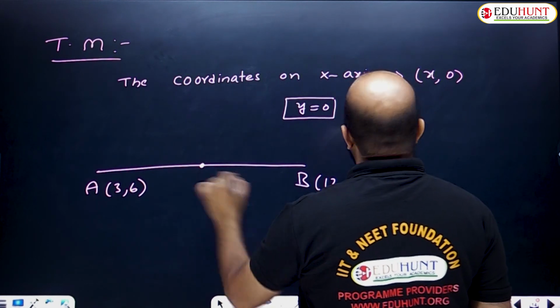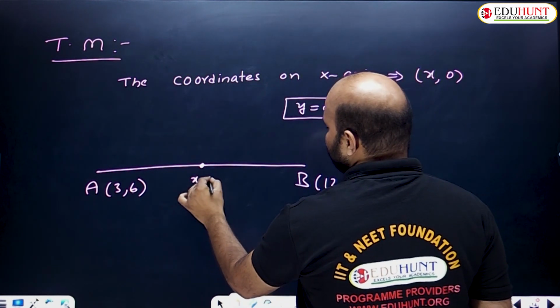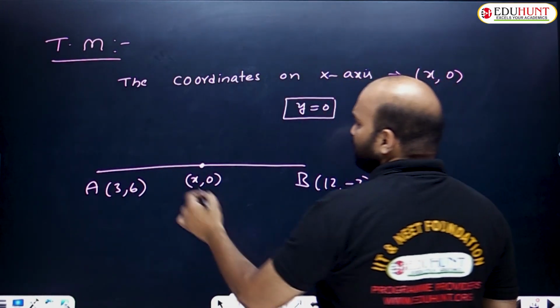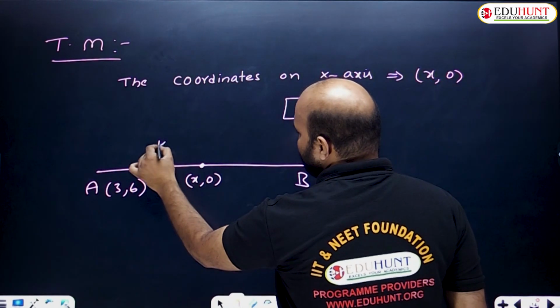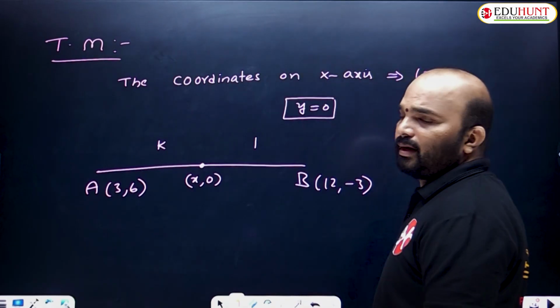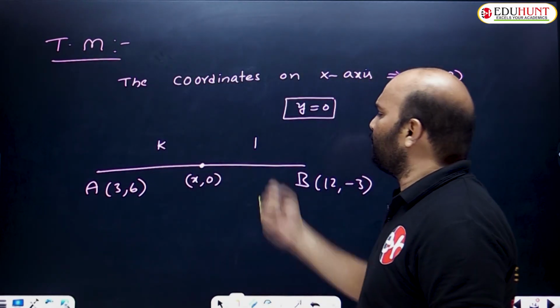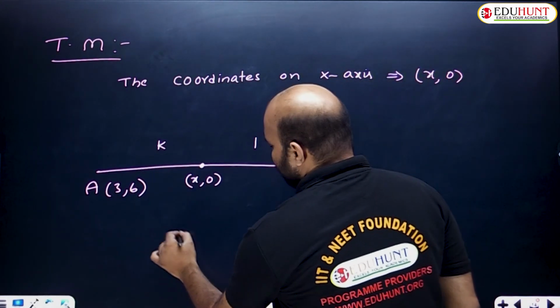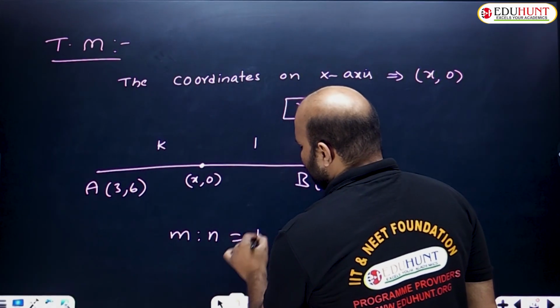So let me take that point as (x, 0). In the ratio, let me take k:1. So here m is k and n is 1, so m:n equals k:1.